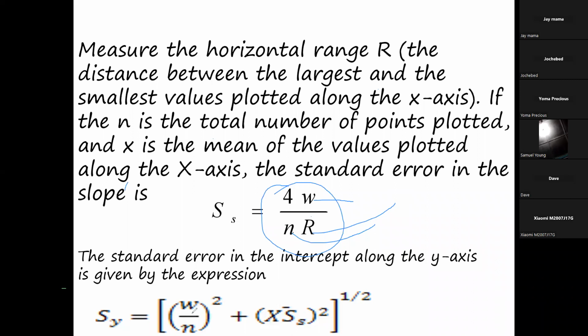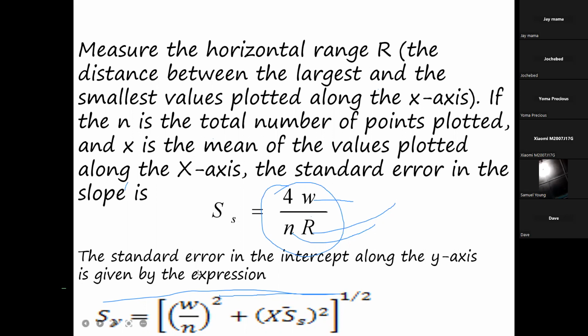Yes, sir. Now, the next thing is our standard error in intercept. This is the formula. We have square root of (W over N) all squared plus (X bar divided by the standard error in slope) all squared. Your W maintains the same value, the vertical scatter.